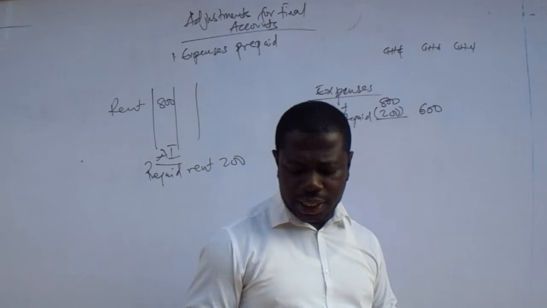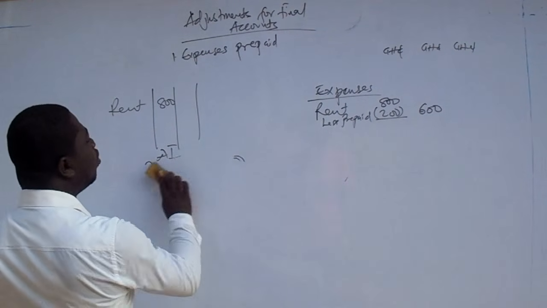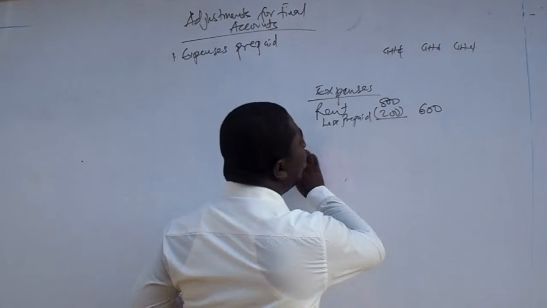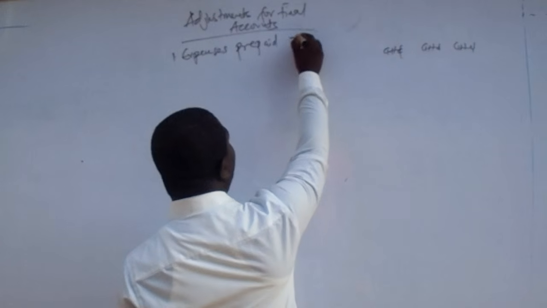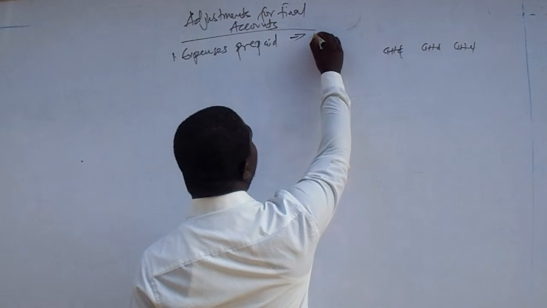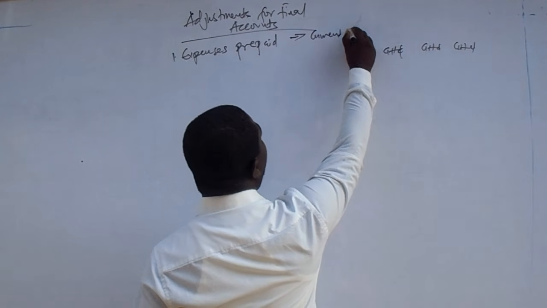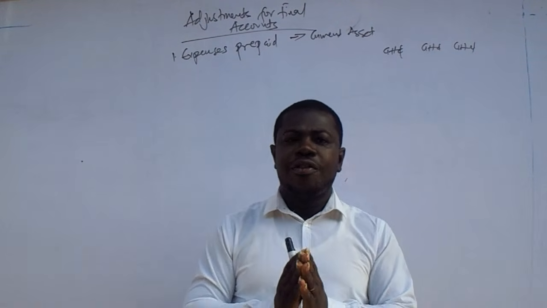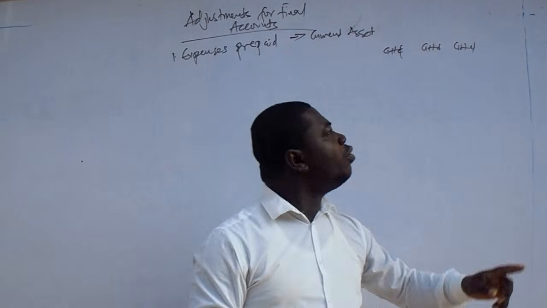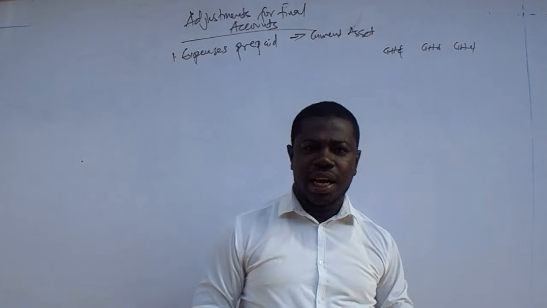I believe the understanding is okay. Alright, so that is it with the expense prepaid. And so I want to highlight that expense prepaid is a current asset. So you first have to subtract from the income statement and then you treat it as a current asset.